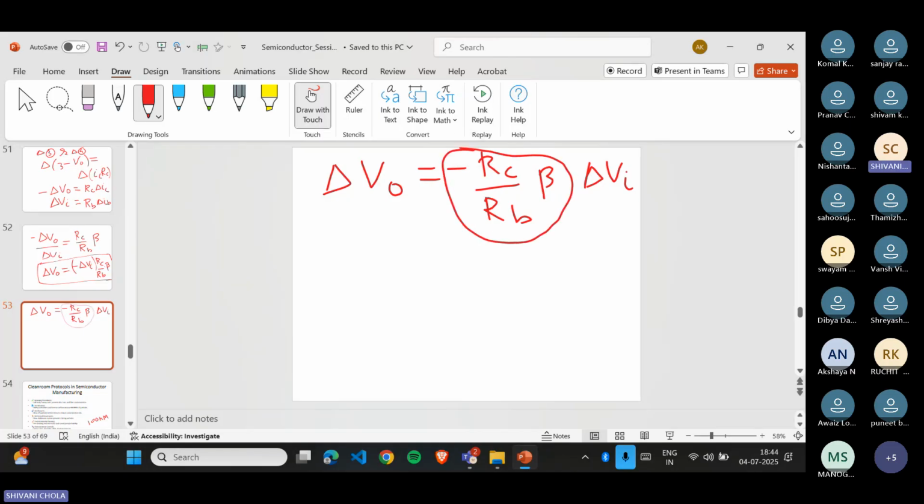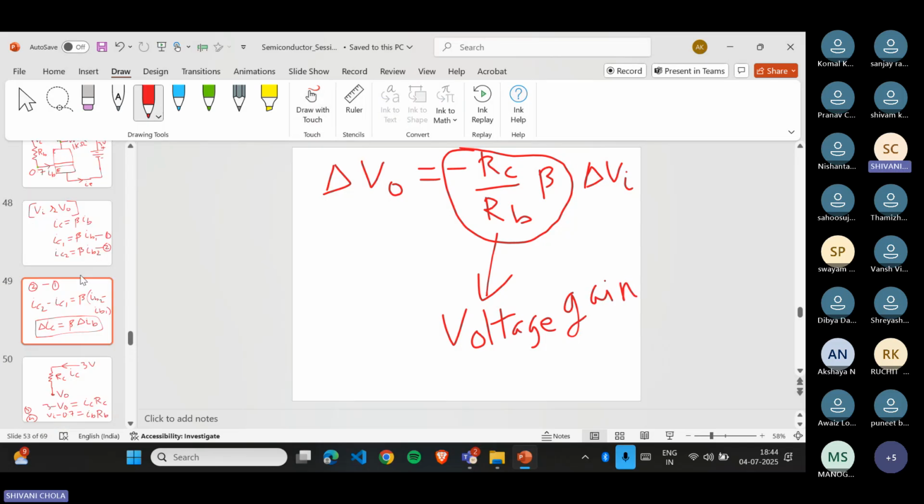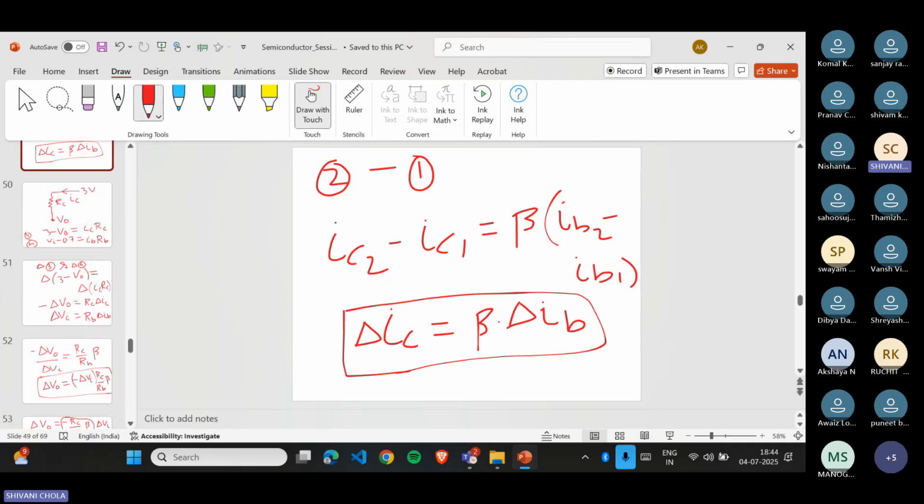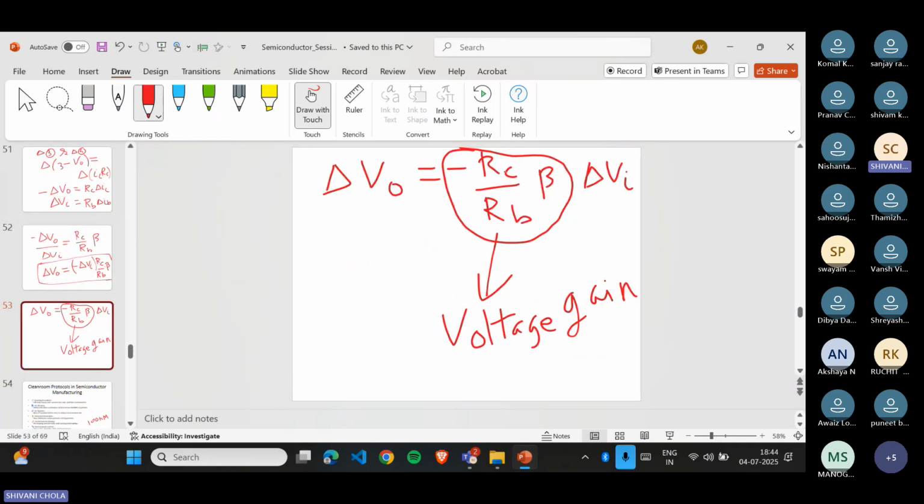If you recall, we call this term voltage gain. This beta is the current gain, and this beta is constant. Since RC is constant in the circuit, RB is constant, and beta we have already fixed at 200, this whole term will be constant, and we call this term voltage gain. Obviously the negative part will not be there, voltage gain is always a positive quantity, but you get it, right?